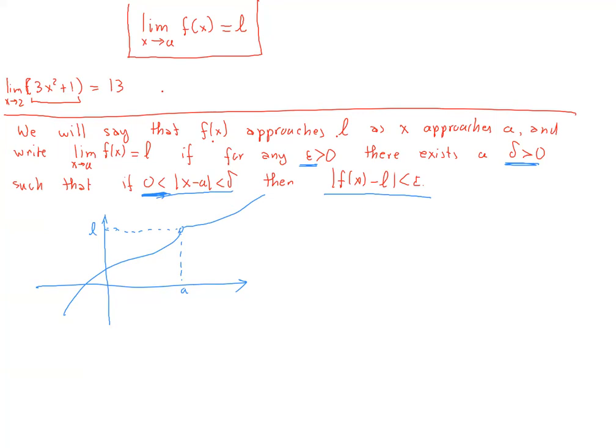So basically what we're saying is we start with an epsilon, and we're saying that we wish our output to be in here. So this is the number L minus epsilon, and this is the number L plus epsilon.